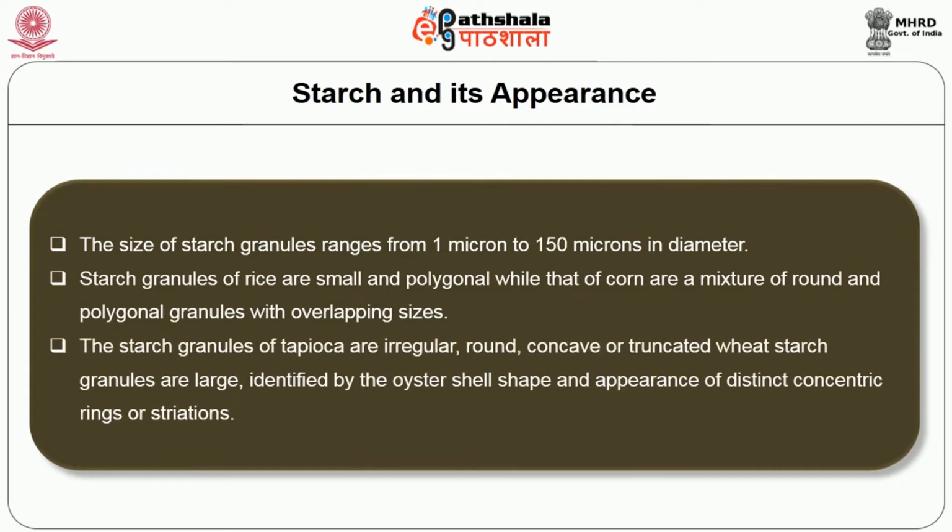The starch granules of tapioca are irregular, round, concave. The wheat granules are large, identified by oyster shell shape and appearance of distinct concentric rings or striations.